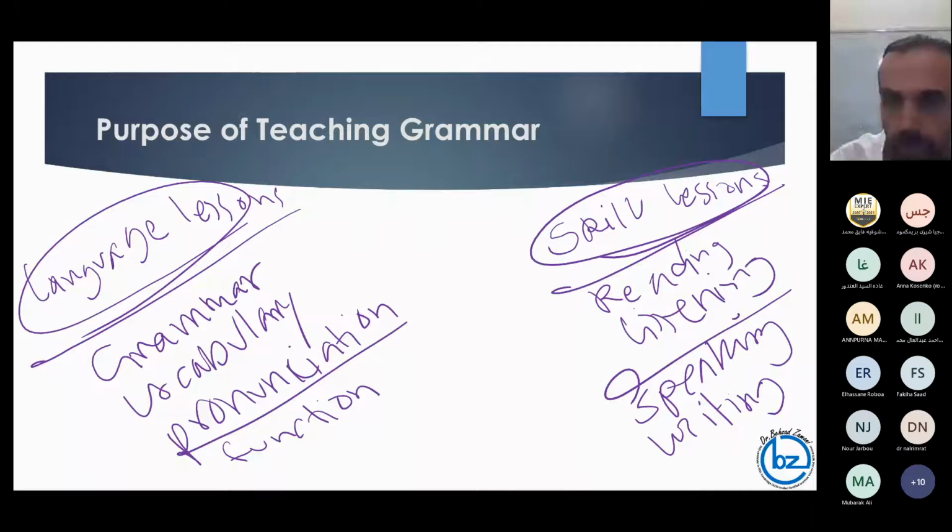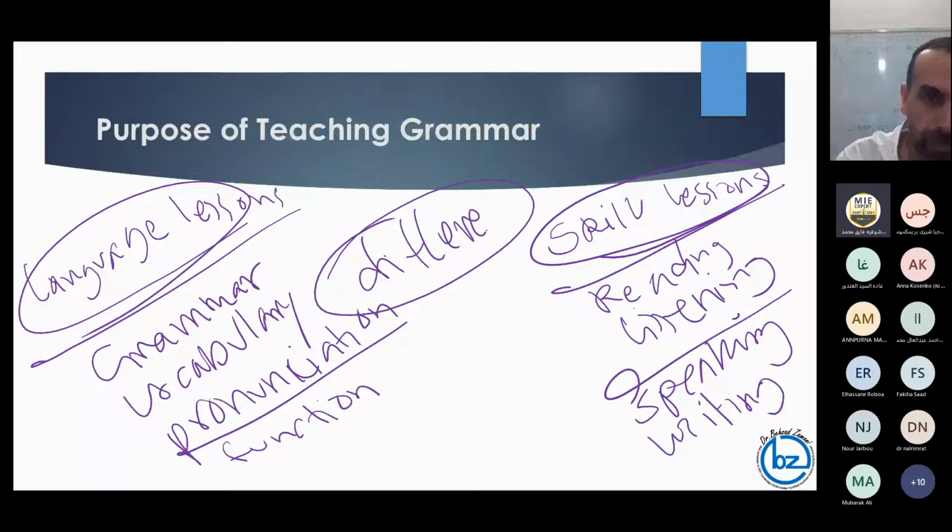Anybody who wants to answer can raise their finger. Miss Shawqia, manage it, please. Later, if there is no volunteer, I would answer and go to the next step. Yes, Miss Noor, go ahead.